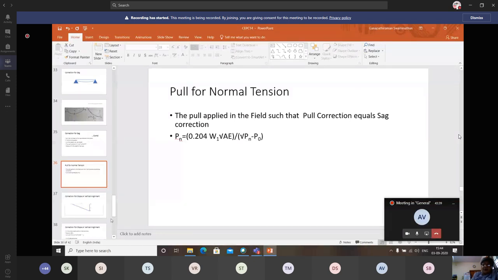So Pn, you have to solve by trial and error only.